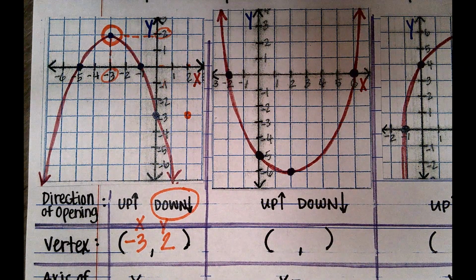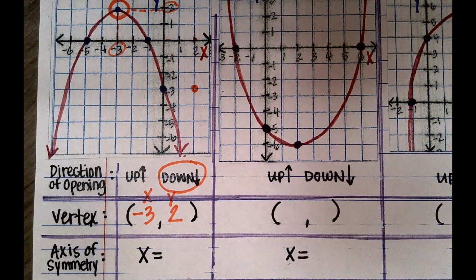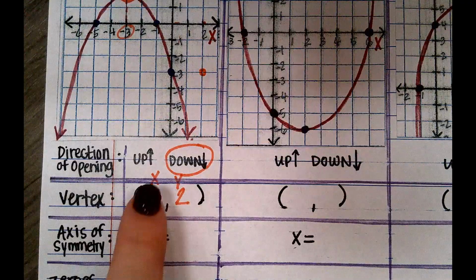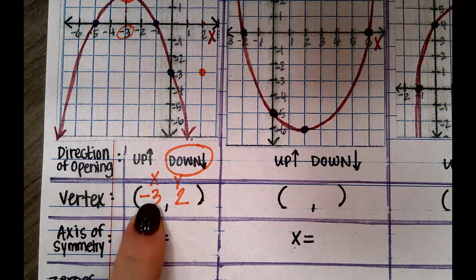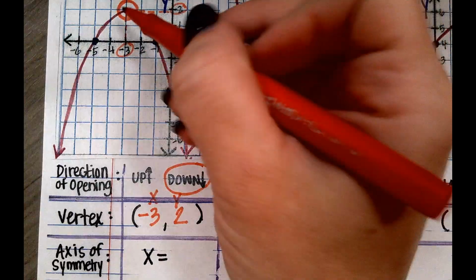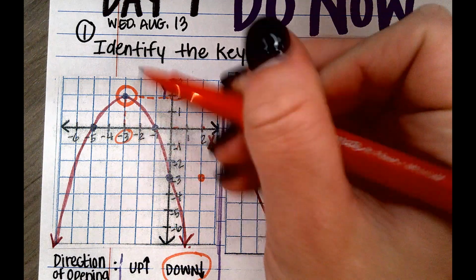Now, the axis of symmetry. What will the axis of symmetry always match? What will it be the same as? The x value of the vertex. So, if you have your vertex, you have your axis of symmetry, because the vertex is the middle of your parabola.